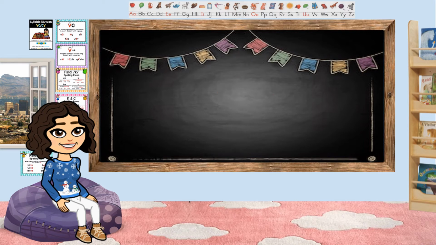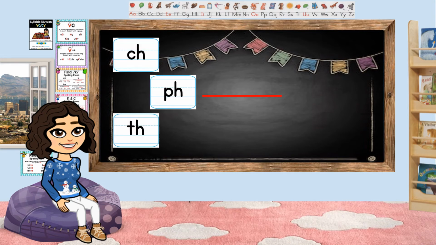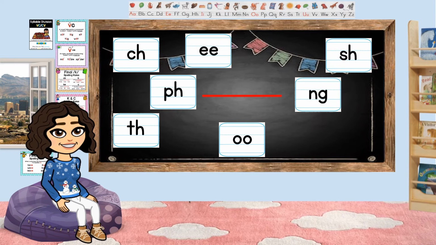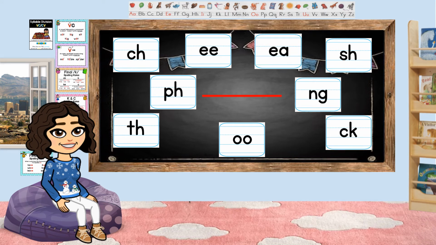How do we code a digraph? We code a digraph by underlining it. Some of the digraphs we've learned so far are digraph CH, digraph PH, digraph TH, digraph OO, digraph EE, digraph SH, digraph NG, digraph CK, and digraph EA.